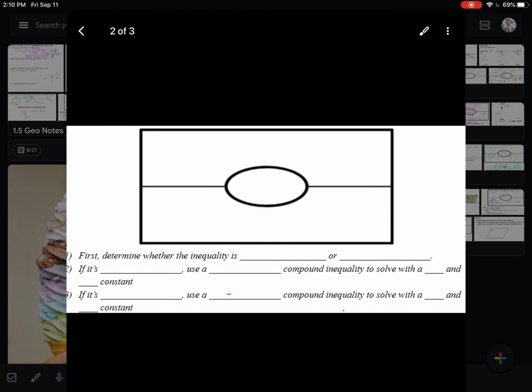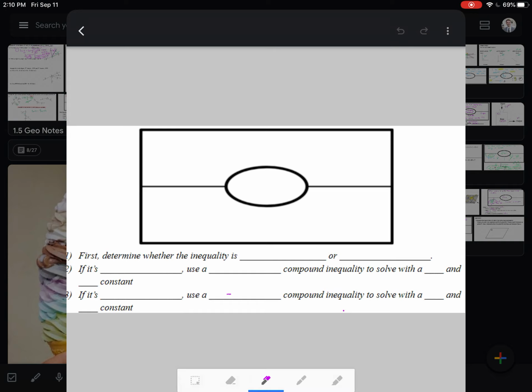So the definition for today is absolute value inequalities. And we define this as a representation of the distance an expression is from 0.